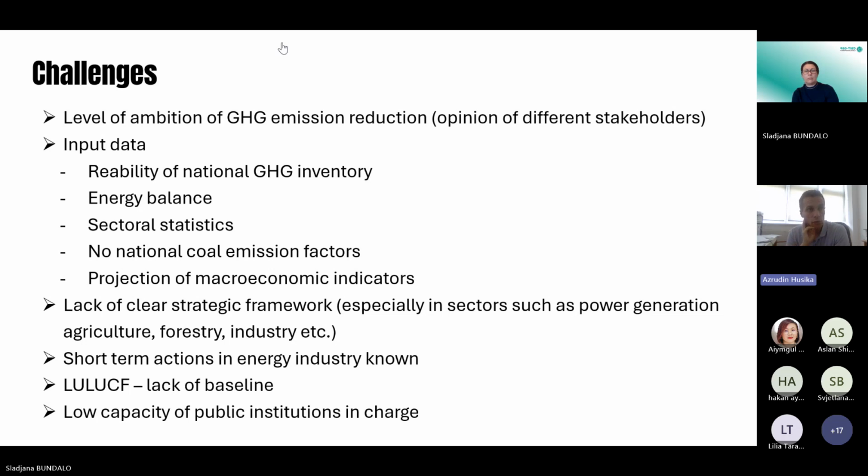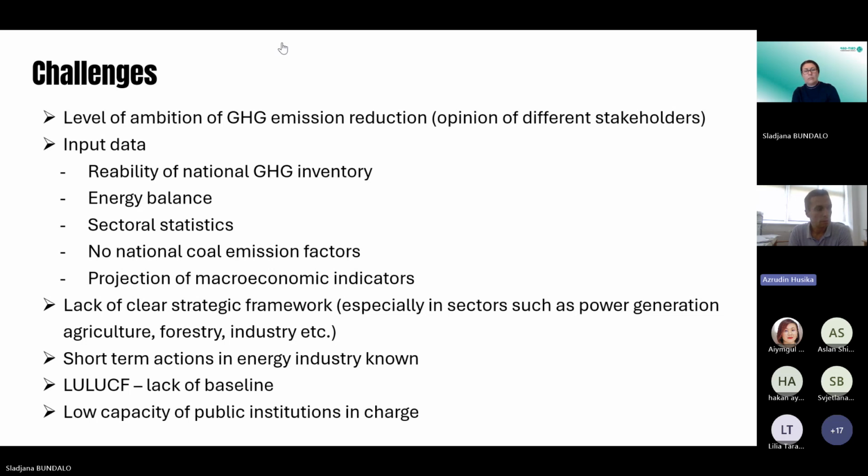All projections of GHG emissions as well as development of GHG inventories are done within specific projects, mainly supported by UNDP. So there is no serious involvement of public institutions, I mean ministries and agencies, to handle the LEAP model.